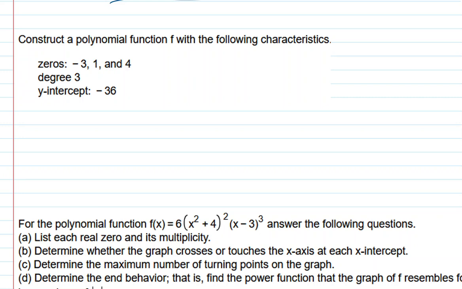Now, this one's interesting because it has a y-intercept as -36, rather. So a y-intercept says 0 for x and -36 for y. Is that true? And we have zeros for a degree 3 of -3, 1, and 4. We go.